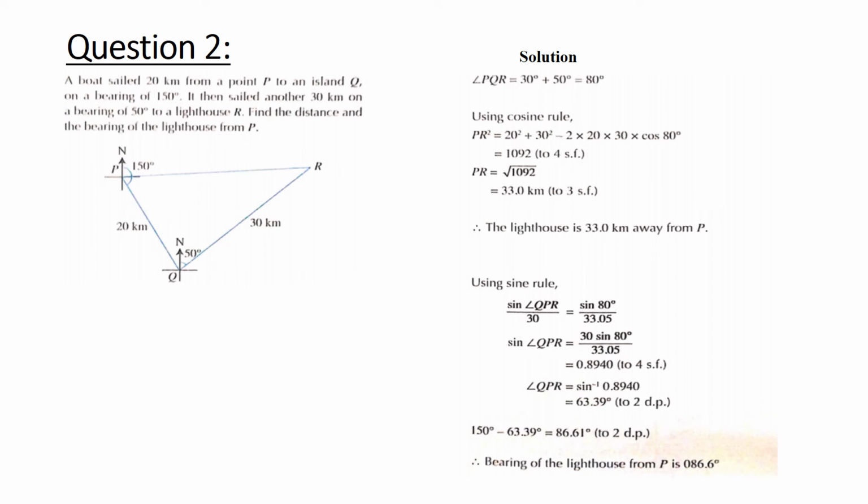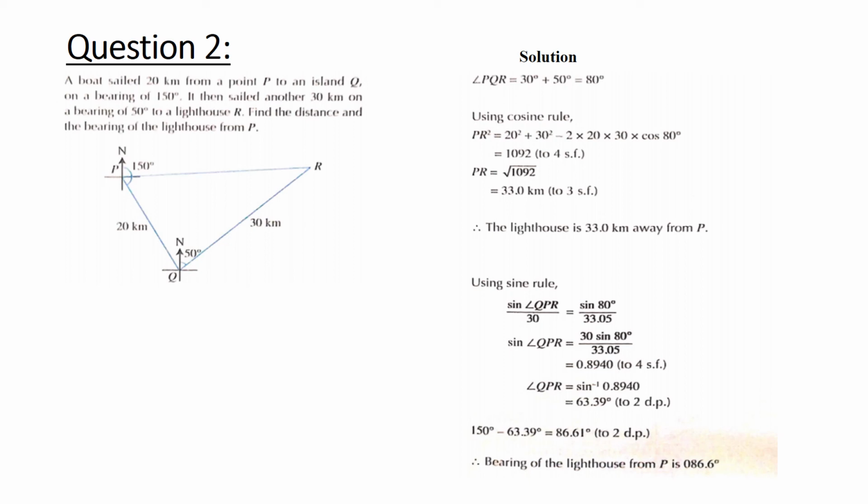Now we will find out the bearing of R from P. For that purpose, you need to find out the angle QPR. Now you can apply the sine rule. Sine angle QPR over 30 will be equals to sine 80 over 33.05.